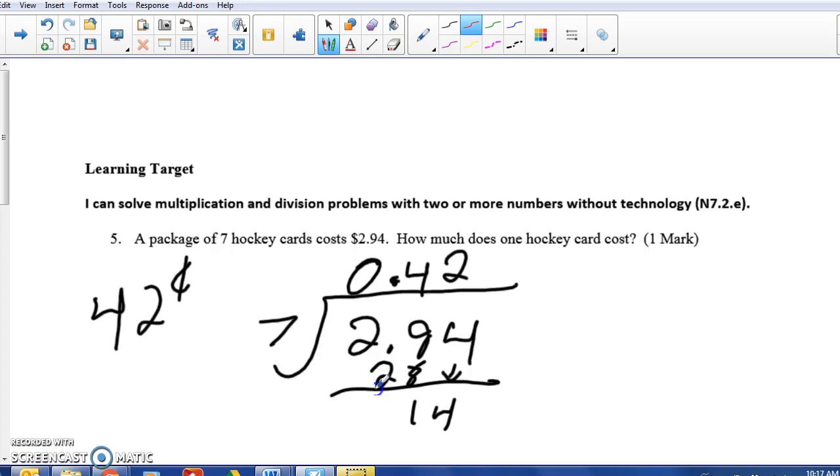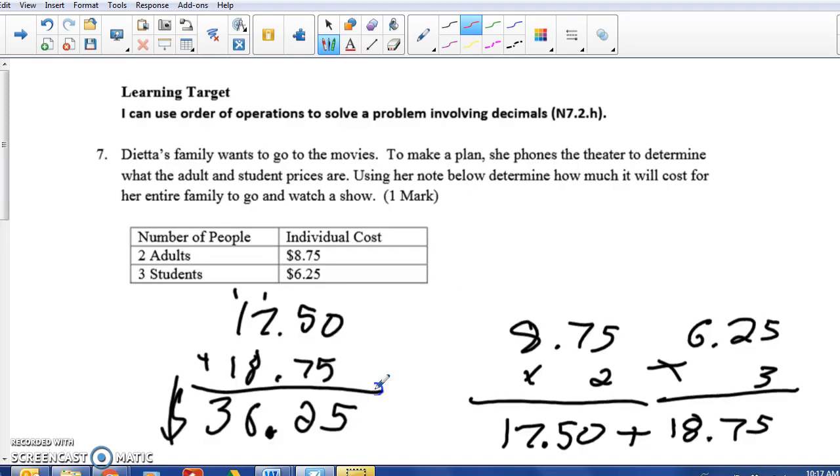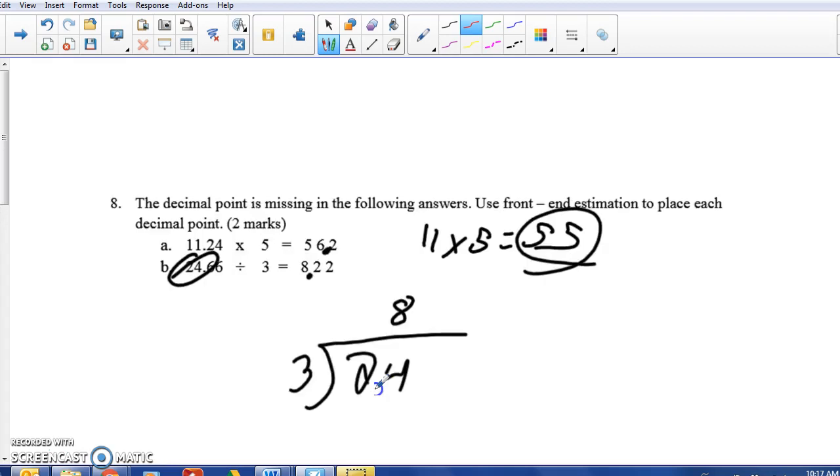Your hockey card's 1 mark just for the right answer. Your question here is 1 for having the right answer because I divided and my number got bigger, which is incorrect, so give yourself 1 mark. 1 mark here, just for having the correct answer. 2 marks here, 1 for each, right?